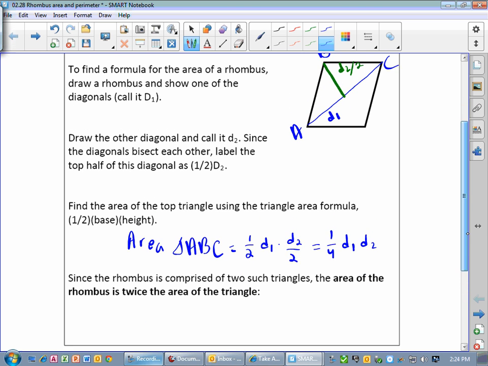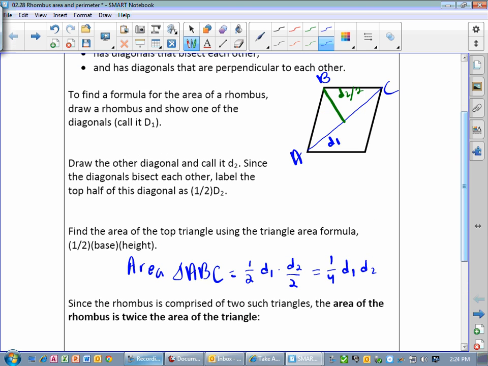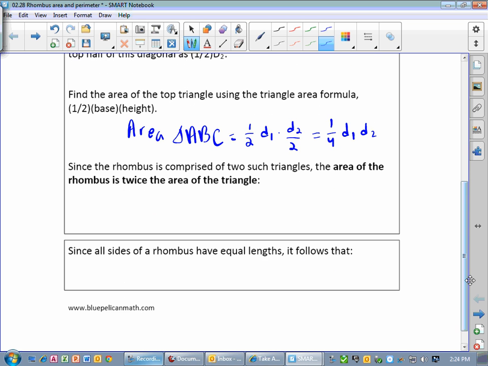Okay. Now we have how many of these triangles in this rhombus? We have 2. So we found the area of this. That's the area we found. So if we just double that, we'd have the whole thing. So the area of our rhombus would be 2 times 1/4 D1 D2.